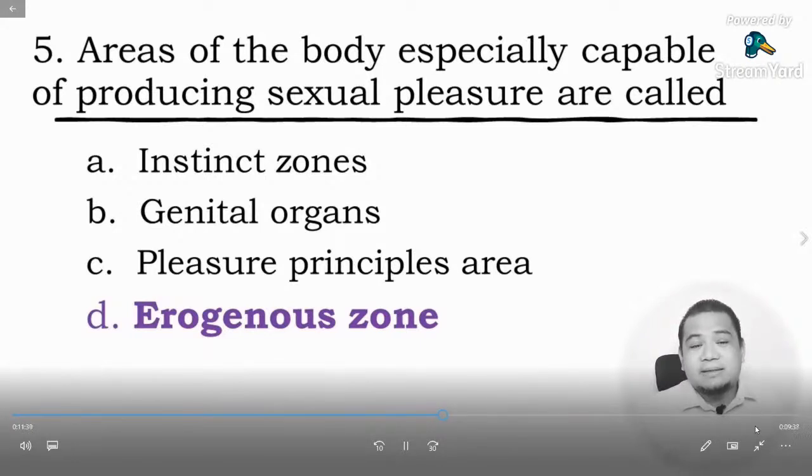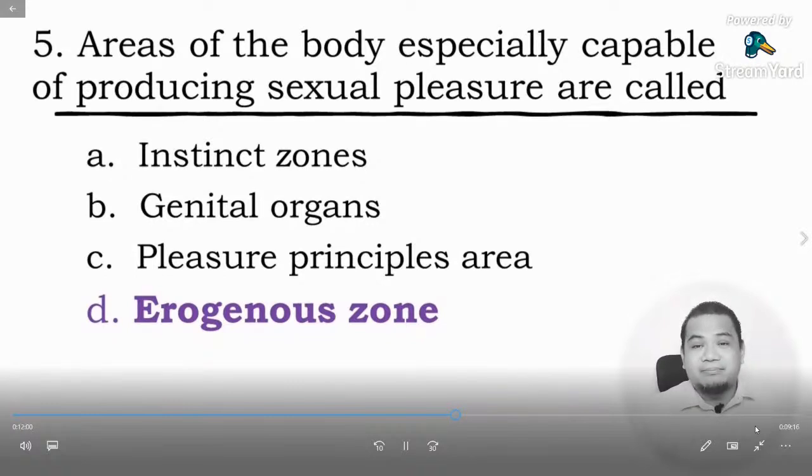Besides the genital, the mouth and the anus are specially capable of producing sexual pleasure and are called erogenous zones. So the ultimate aim of sexual drive is to reduce sexual tension. It cannot be changed, but the path by which the aim is reached can be varied.